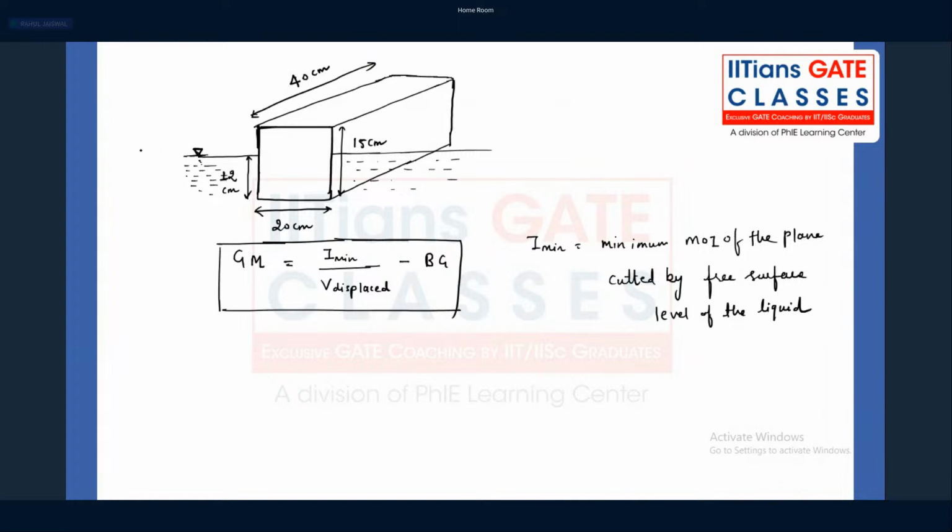Now, what will be the next thing? What is the value of BG? It is the distance between the center of gravity and the center of buoyancy.